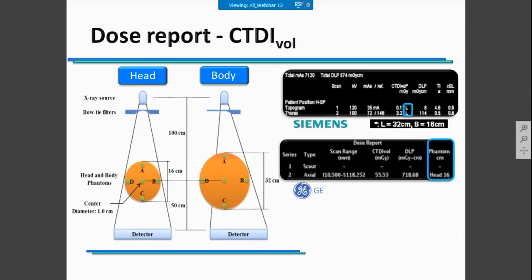Or, for example, if you are using a General Electric CT scanner, you should also analyze the information about the phantom that was used to calculate CTDIvol. It's also important to state that if you are looking at pediatric CT examinations, CTDIvol calculations must have a factor of 2.5 included.